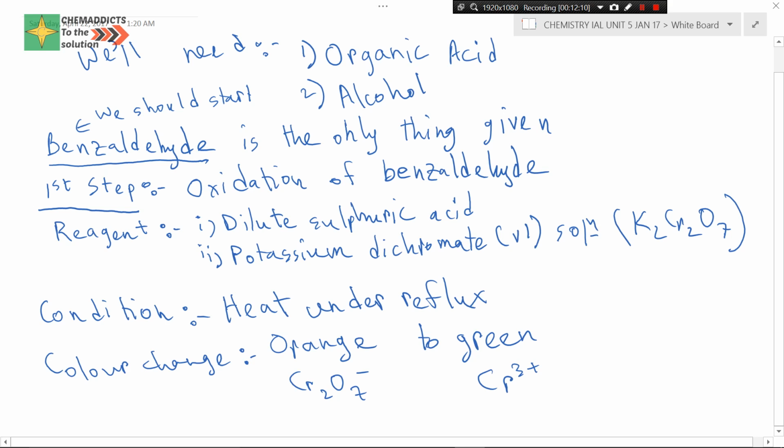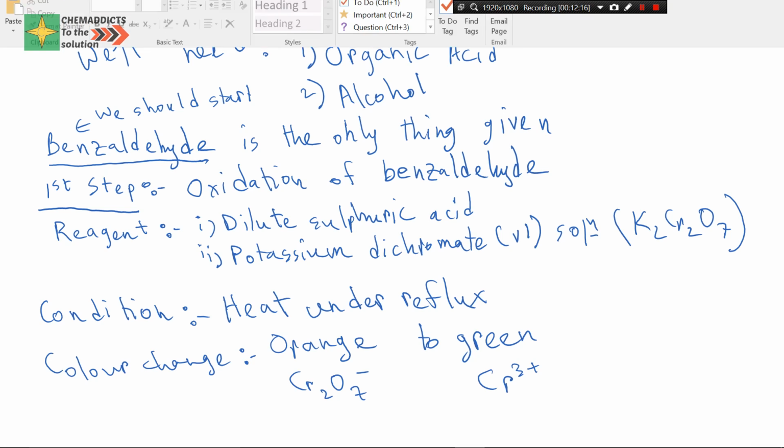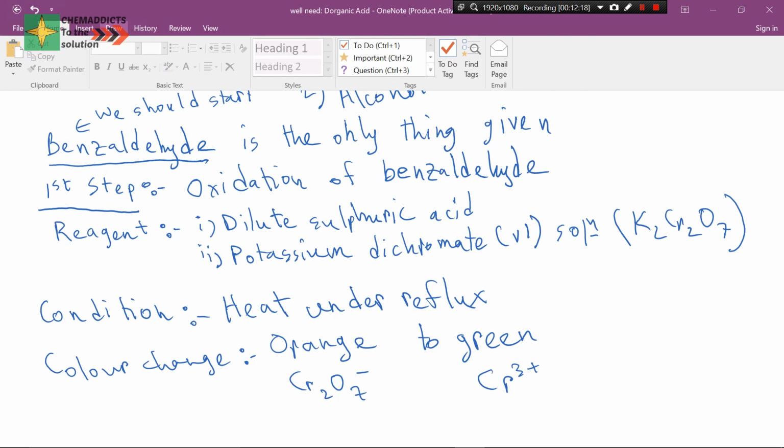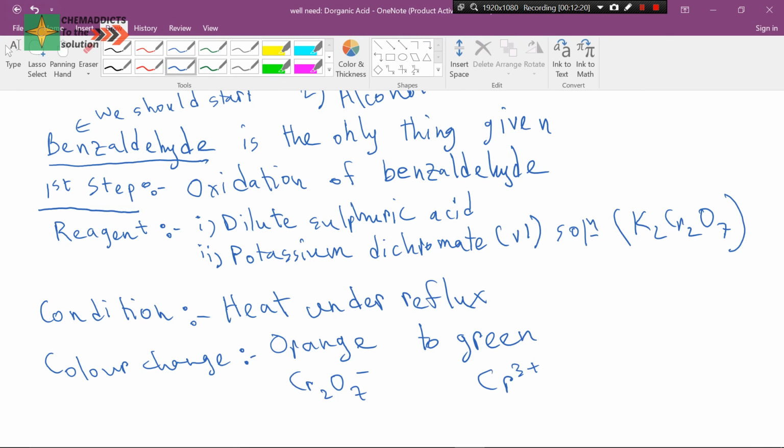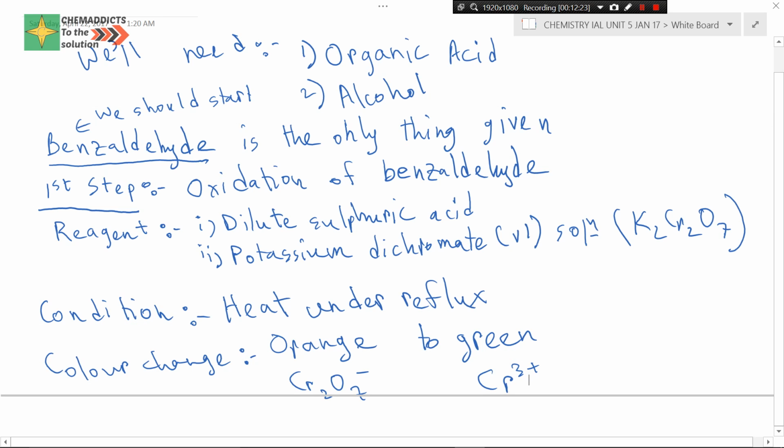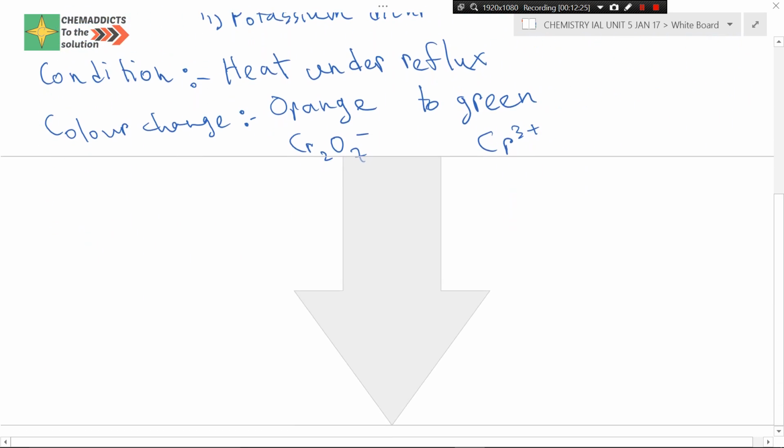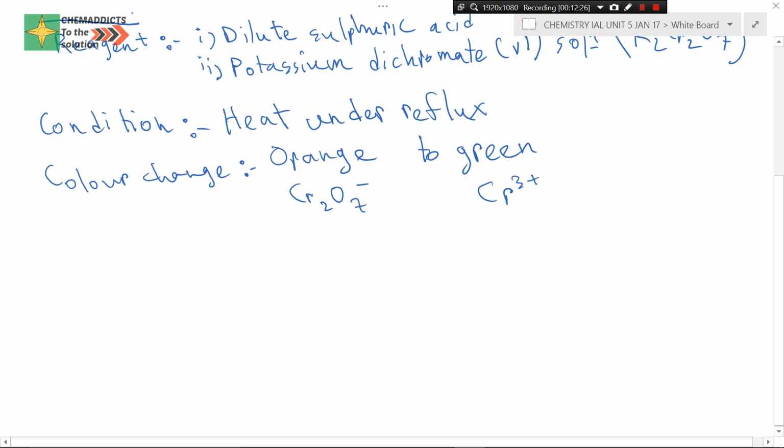So now let's talk about the intermediate that would form here. We need to draw the intermediate. Okay, let's put some space over here. The intermediate formed for this reaction would be an aromatic carboxylic acid, that is benzoic acid.